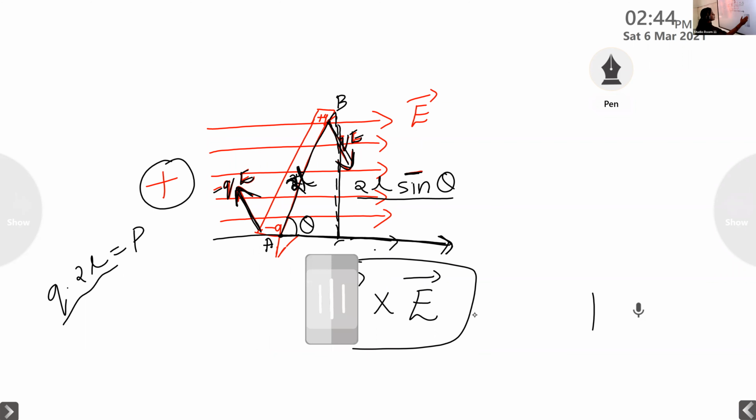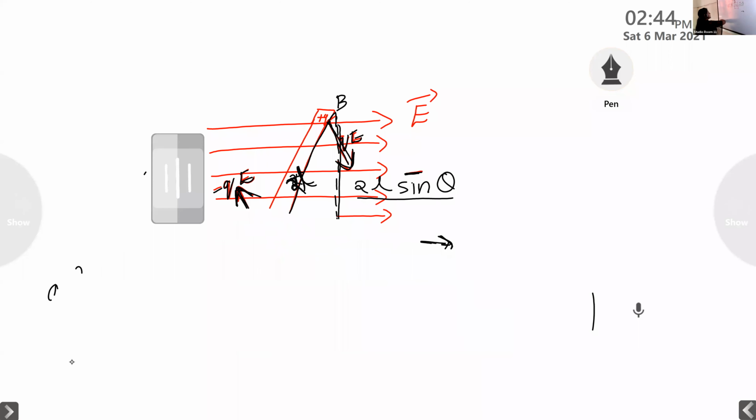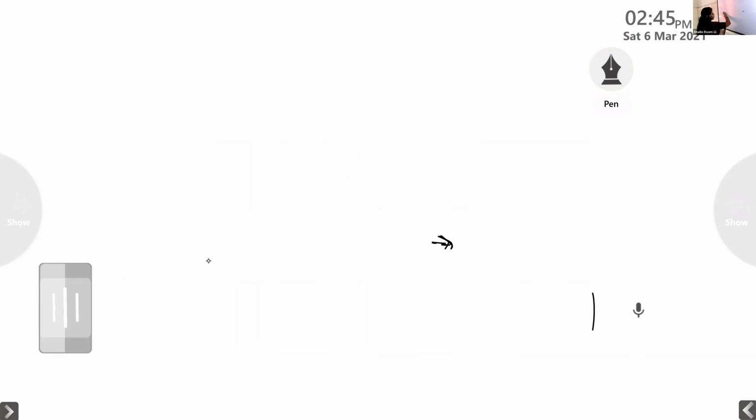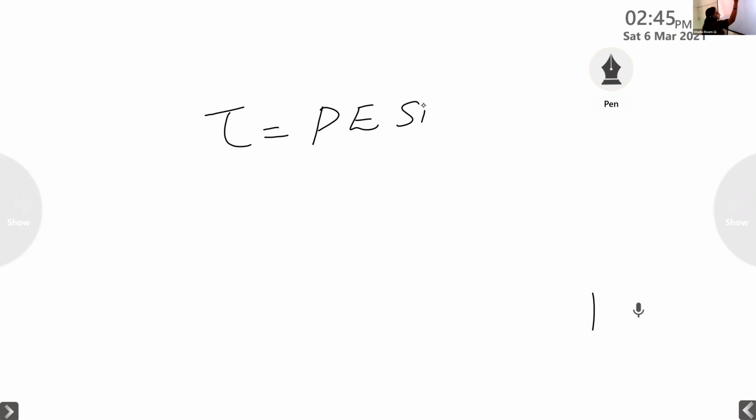Now we can consider the varying values of tau for varying angles. We already wrote that tau is equal to PE sin theta. Now we can substitute varying values for theta.